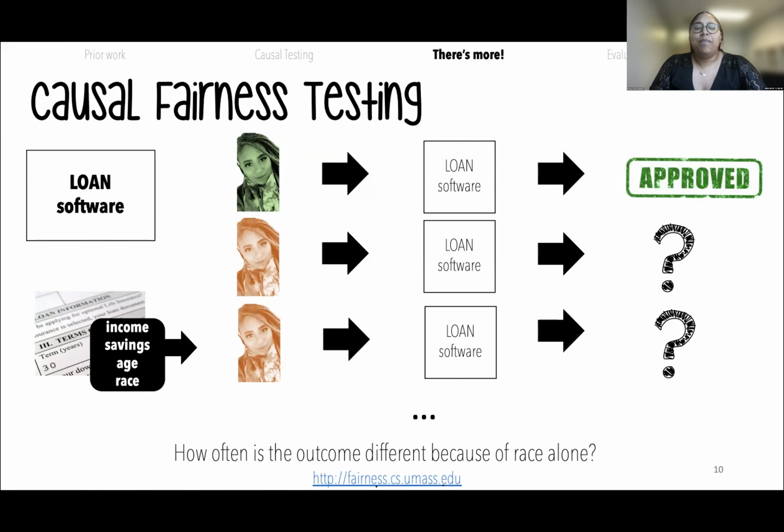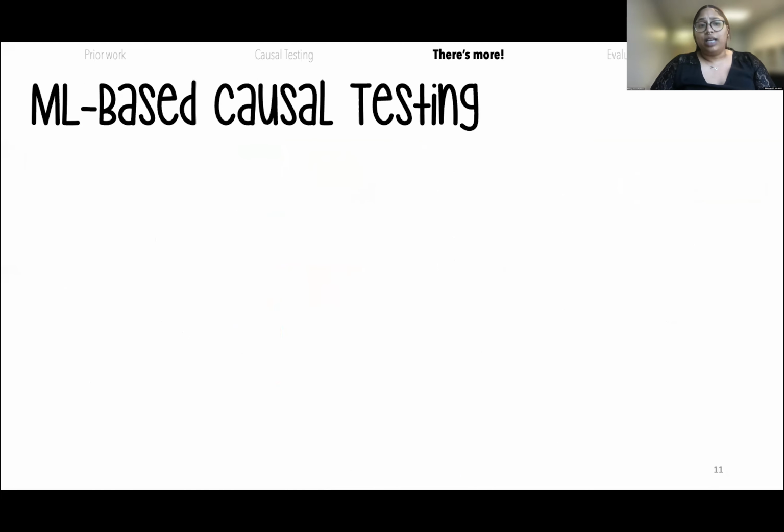So if you're worried about software that may have liability or accountability concerns around bias or fairness, this provides a method for you to not have to create those tests on your own, and to automatically generate tests that can help speak to those types of concerns. So that's one space where causal fairness testing, or causal testing, could be useful.